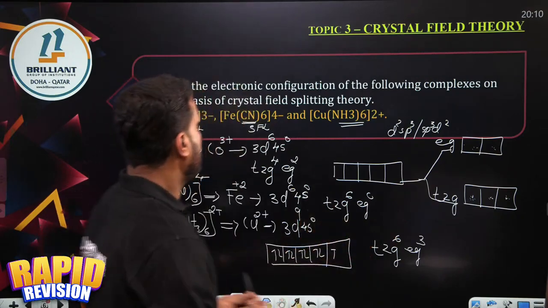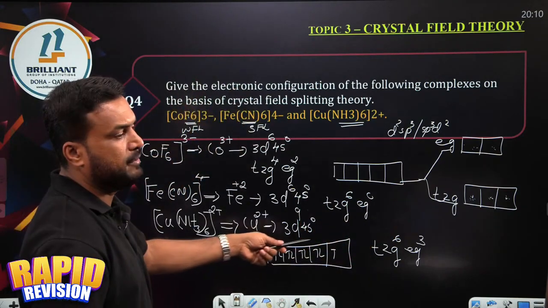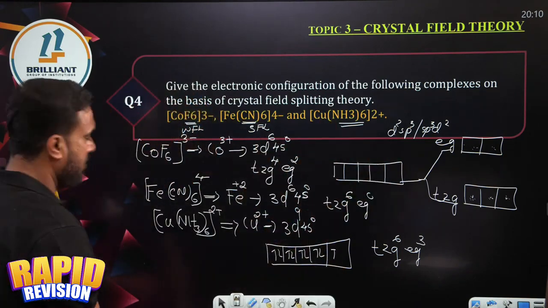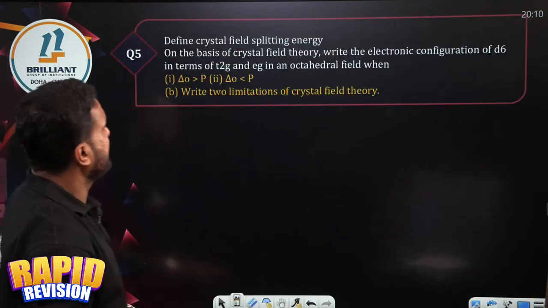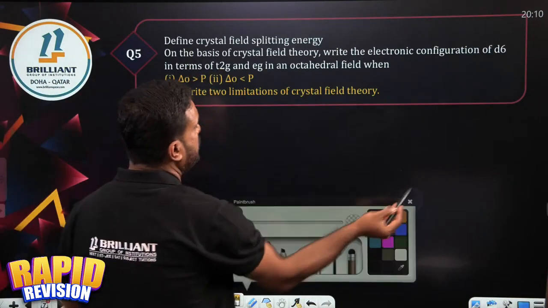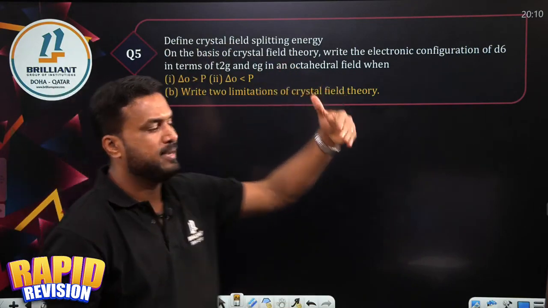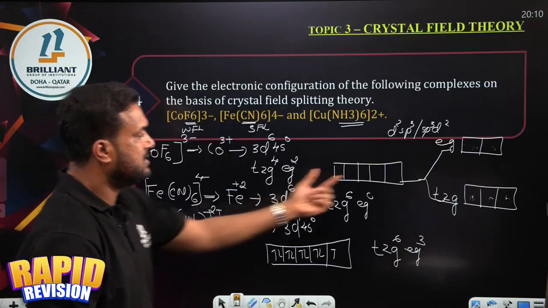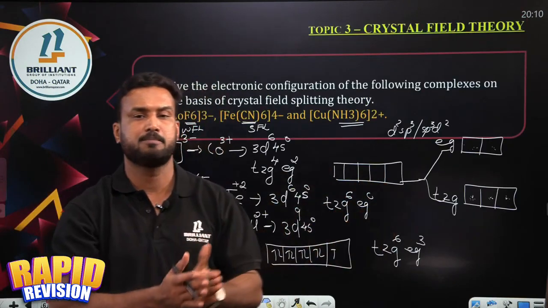Correct. Okay, now crystal field theory, based on the splitting, is one question you can expect. We will go to the next. This is a theoretical question, asking what is crystal field splitting energy. What is crystal field splitting?